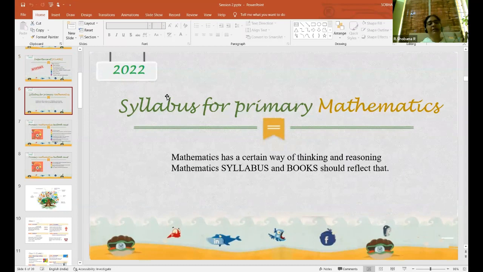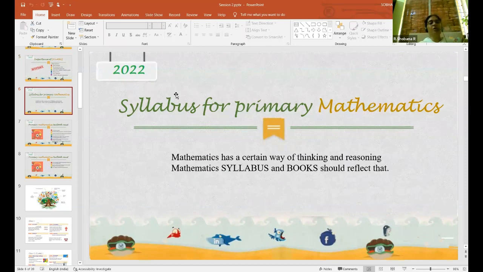We have to enable children to think and reason in a certain way. And what do we use as a pretext for imparting the syllabus to the child? What acts as a bridge between the teacher and the child in imparting the syllabus is, of course, the mathematics textbook. For a child, the mathematics textbook is all she is going to use to learn the syllabus.